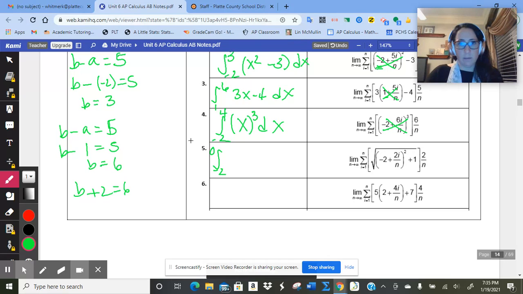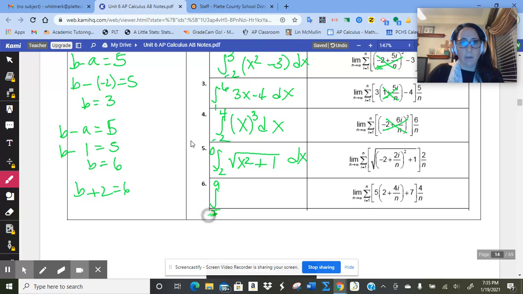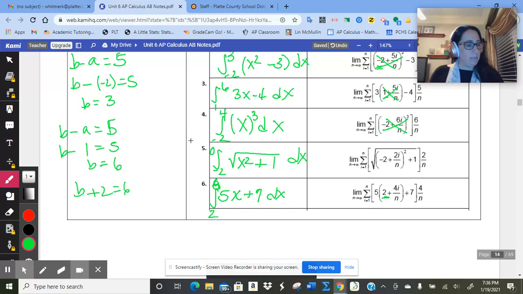And then I have the square root, x squared plus 1 dx. Started at 5, need to go 4 more. No, I did not start at 5. Gotta look at that a little bit better. I started at 2, and then I need to go 4 more. So now that's 6. Now that's 5x plus 7 dx. All right. Got this.